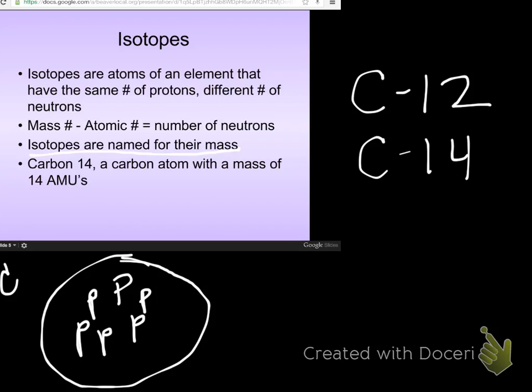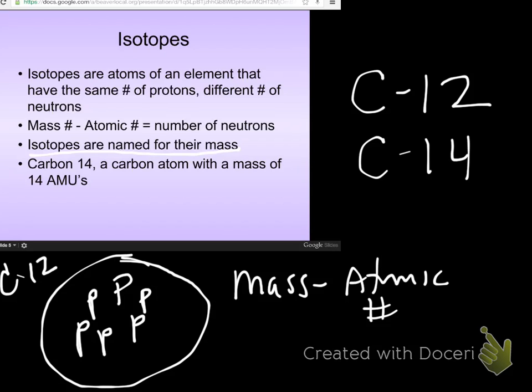If we're talking about carbon-12, how many neutrons do they have? 6! Woo! Because we just take the mass minus the atomic number, because the atomic number is equal to the number of protons. You remember that from physical science? Okay. So atomic number is equal to the number of protons, and you find that typically on the periodic table. And what you get when you subtract those is the number of neutrons.